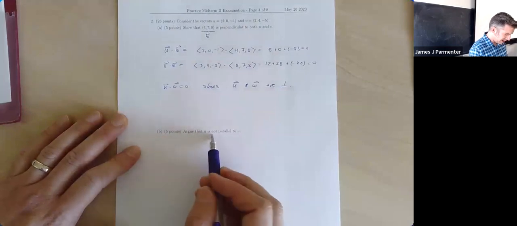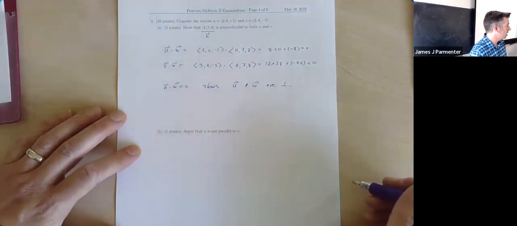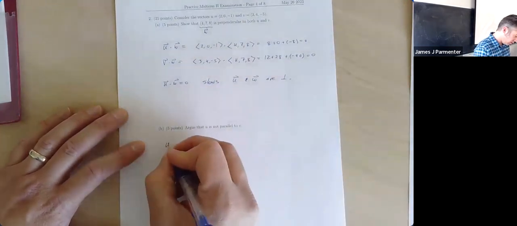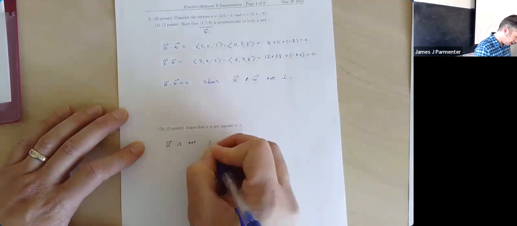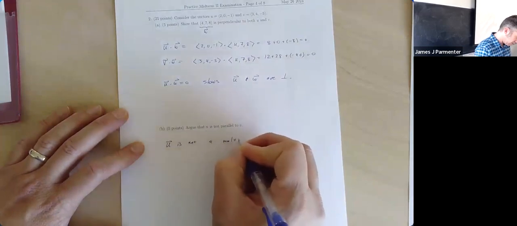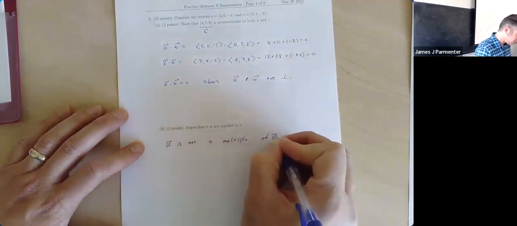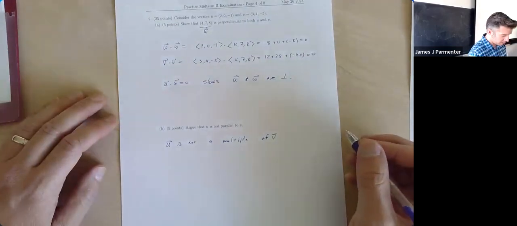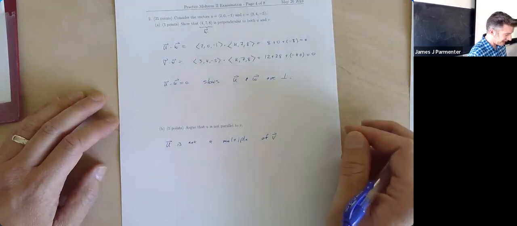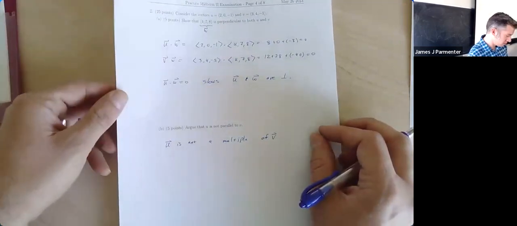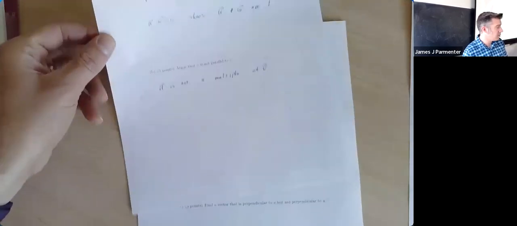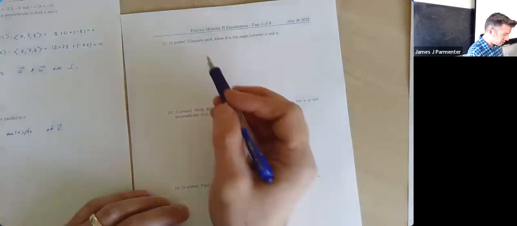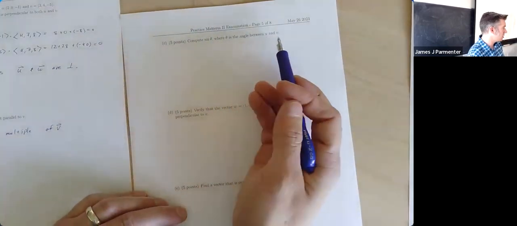Argue that u is not parallel to v. I can do this in two ways. One way is I would say, well, u is not a multiple of the vector v. For vectors to be parallel to each other, they have to be multiples of each other. Alternatively, I could do part C of this question. This is where it sometimes pays to read ahead. Part C says, compute sine of theta, where theta is the angle between u and v.